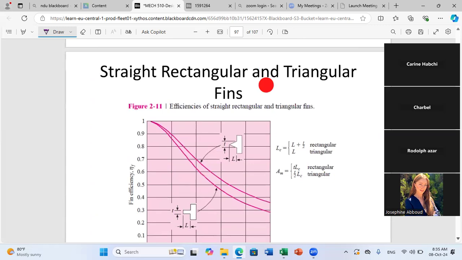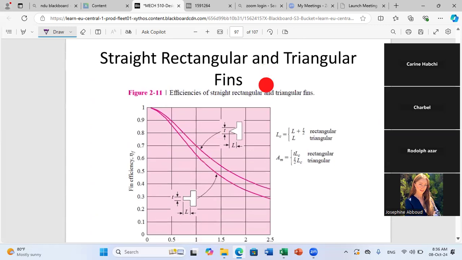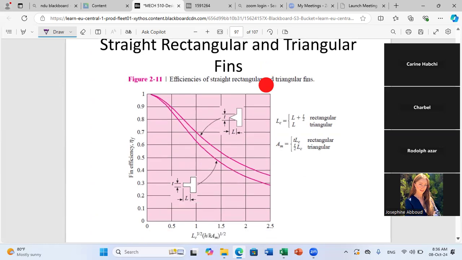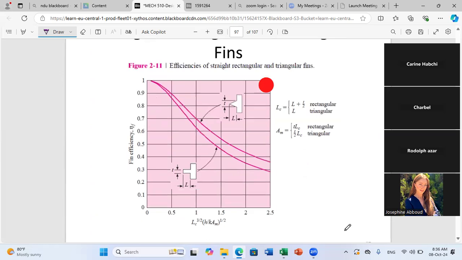Now, for each geometry, you have some figures that can give you the efficiency. For example, here, in case you have a rectangular fin, they can tell you graphically the fin efficiency as a function of the following parameter. So sometimes they give you graphs.